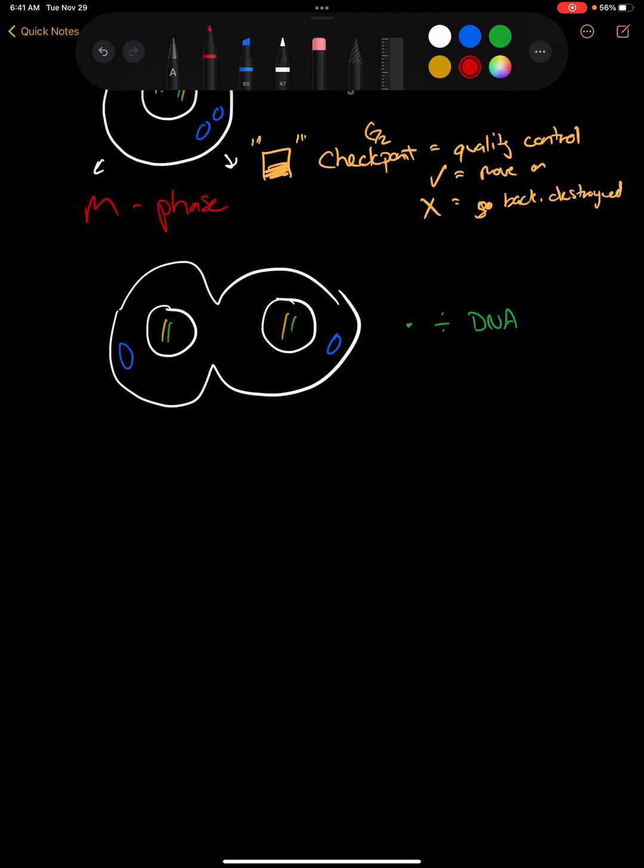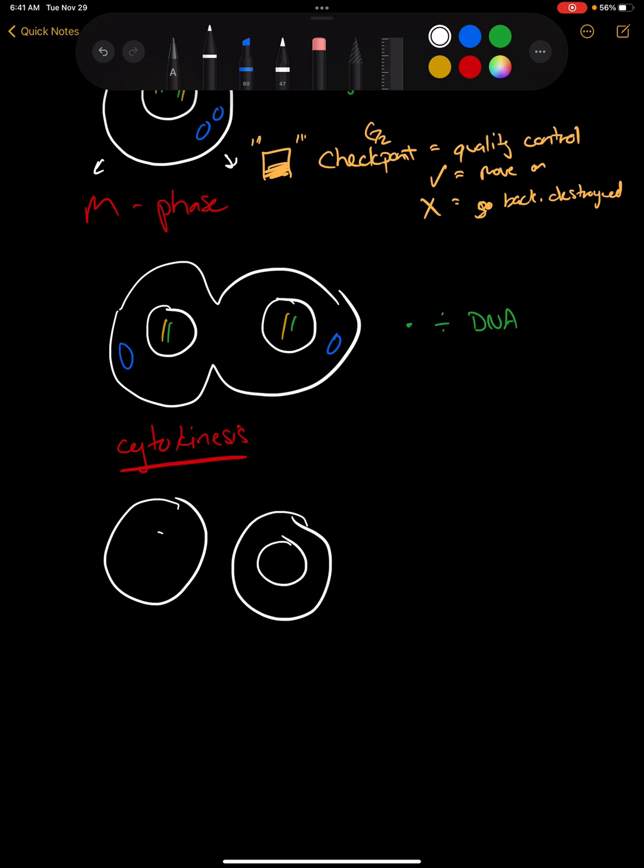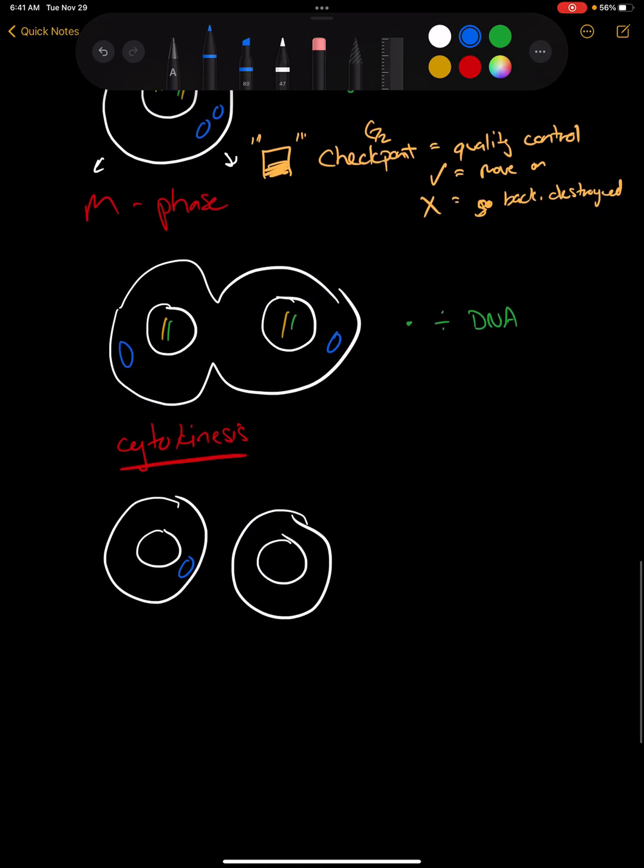And now that I've done that, I get to go through my last stage, which is cytokinesis. In cytokinesis, my cell finally splits. So I have two cells, both with a nucleus, both with an organelle inside, each with an identical copy of DNA.